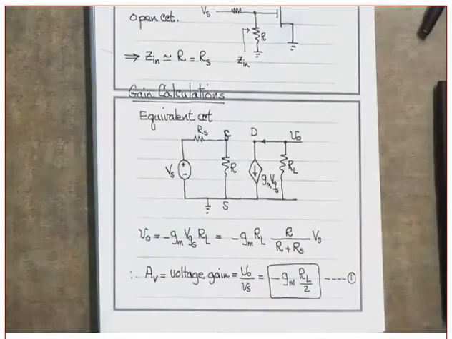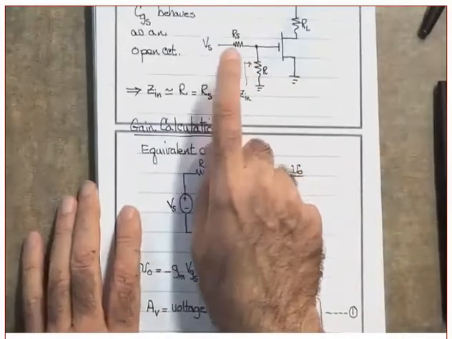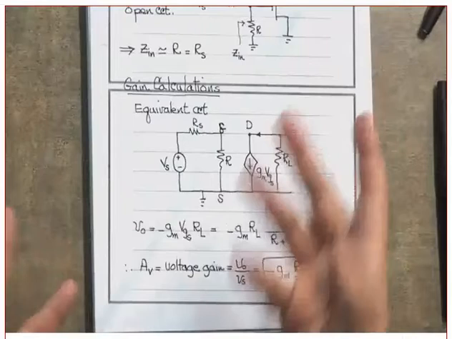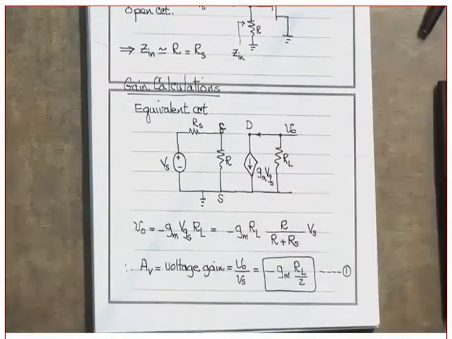So we found that AV equal to V naught over Vs was equal to minus GM RL over 2. Now, if I remove the R, then the gain would have been minus GM RL, which means right away I say that the gain was halved. Was divided by 2. Clear?